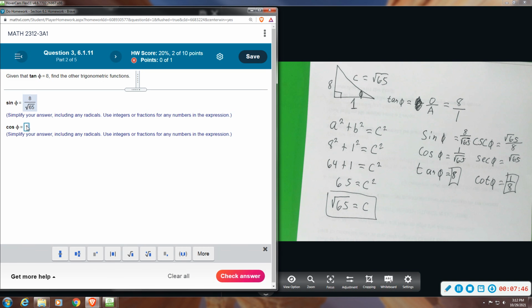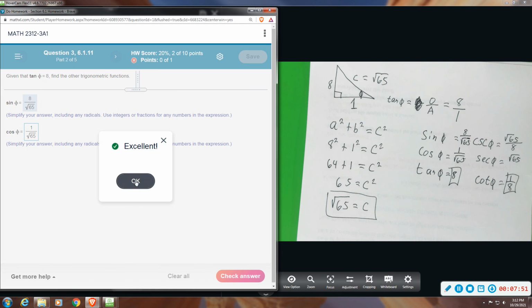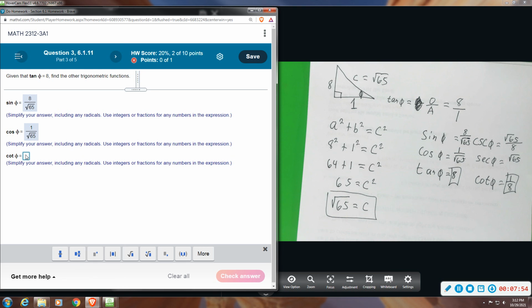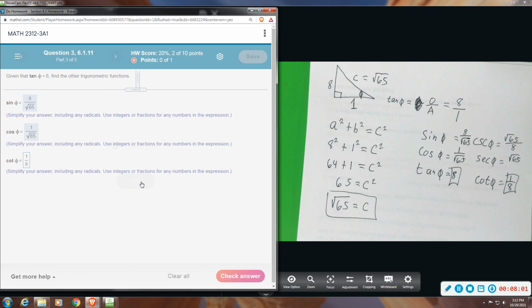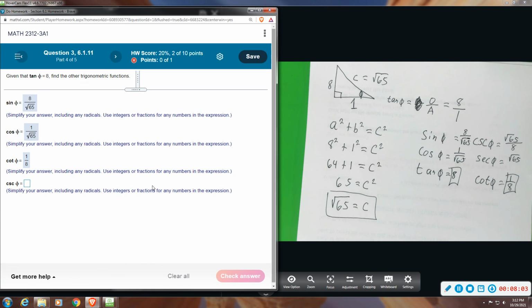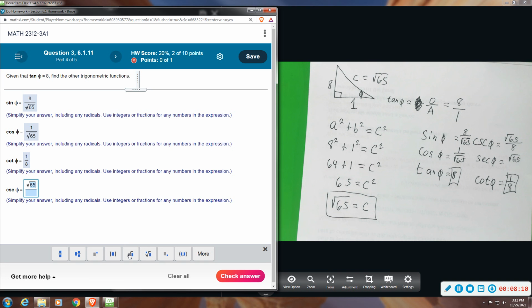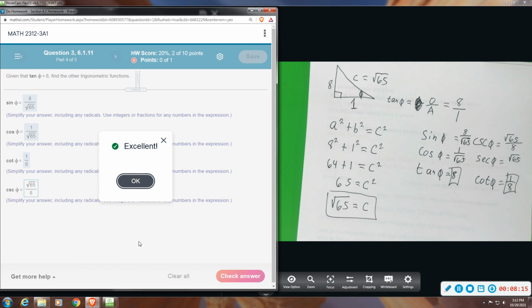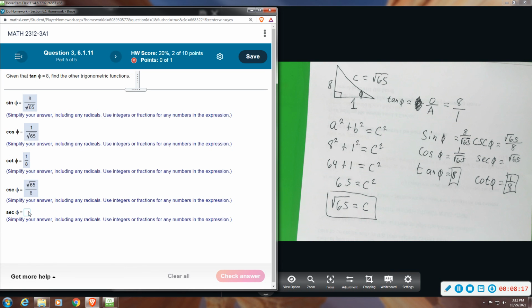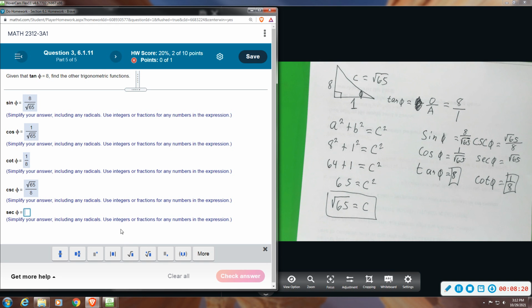Cosine is 1 divided by the square root of 65. Cotangent is going to be 1 divided by 8. Cosecant is going to be the square root of 65 divided by 8. And then secant will be just the square root of 65.